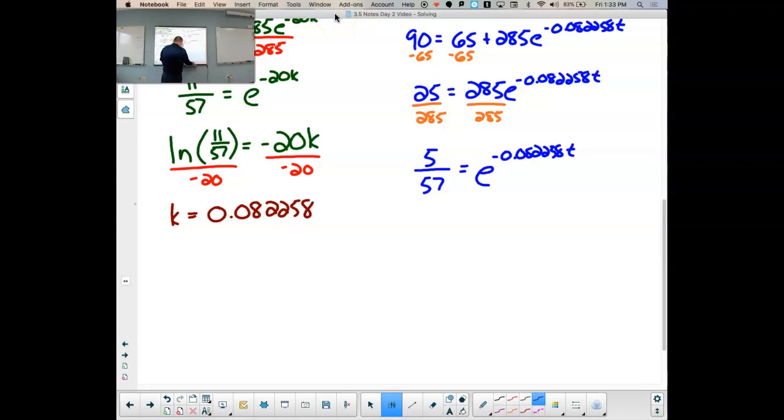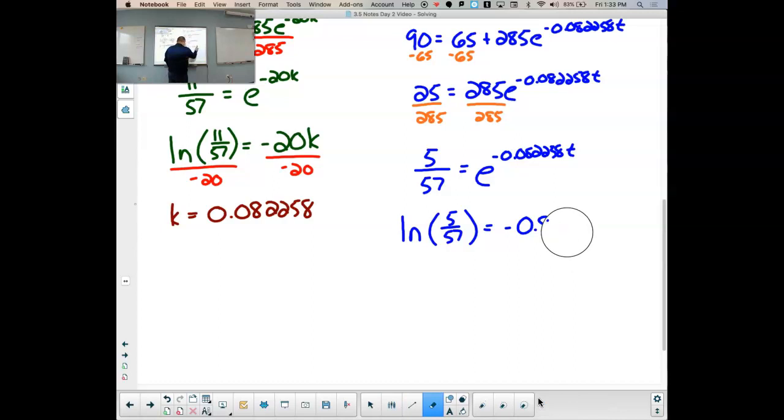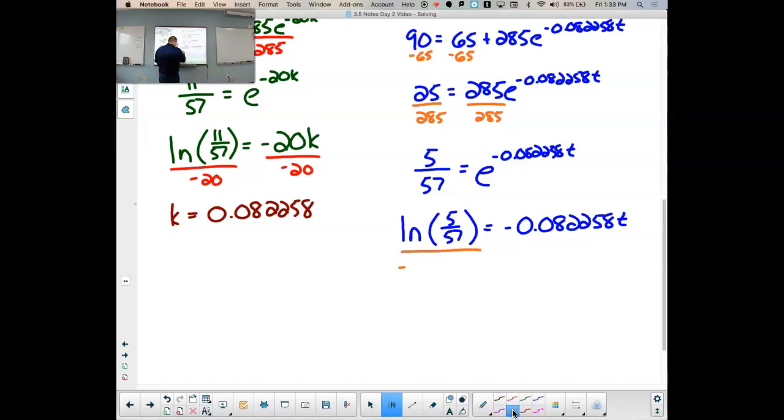Okay? And so then we would switch over to the natural log of 5/57, which would then equal negative 0.082258 t. And then again here we would divide both sides by that negative 0.082258 value.